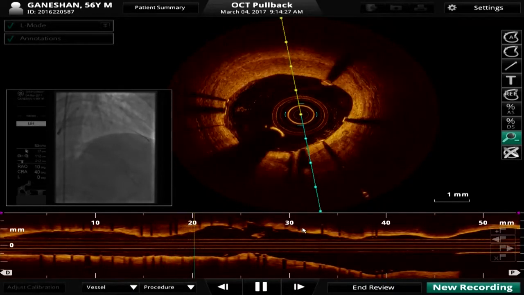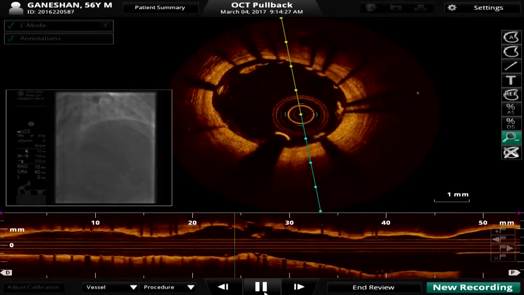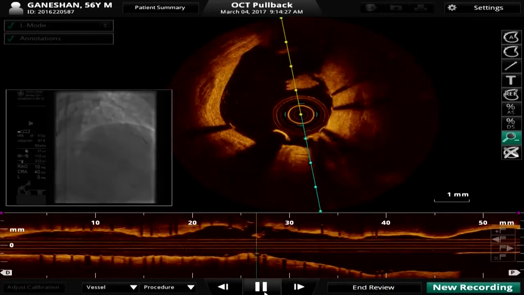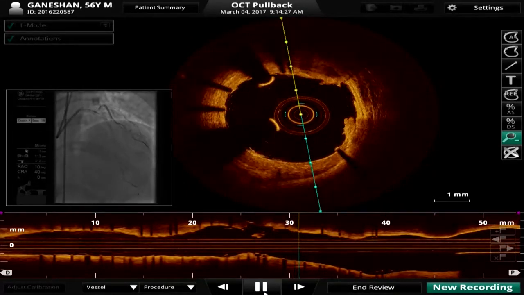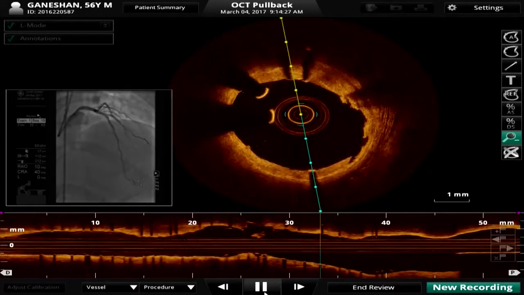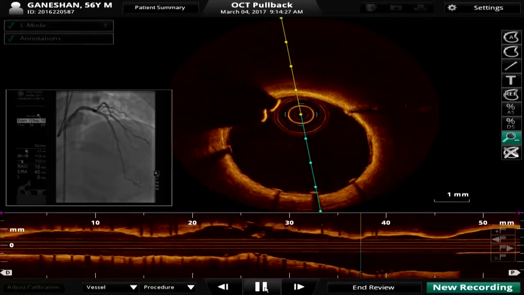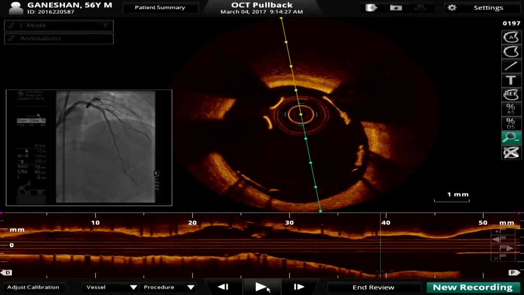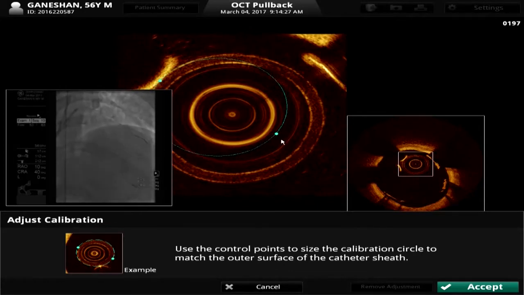Can you do a check angiogram to show how it appears angiographically? There is some underexpansion in the mid-distal part with a non-circular appearance. The malapposition is not that severe, but it extends over a relatively long section, and it's more in the mid part of the stent than it is proximally.